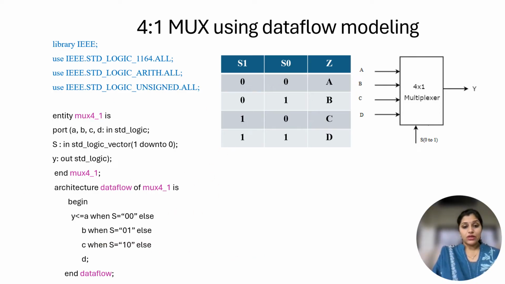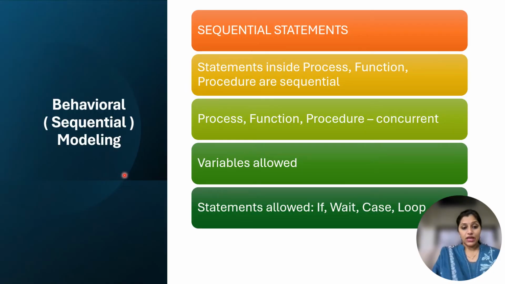After data flow, next is behavioral modeling or sequential modeling. Here what we use is sequential statements. So statements written inside a process or inside a function or inside a procedure are sequential statements, but you need to remember process, function and procedure, all of them are concurrent.